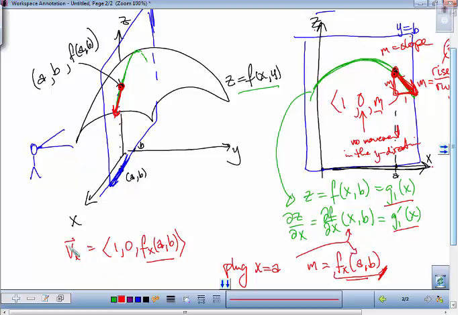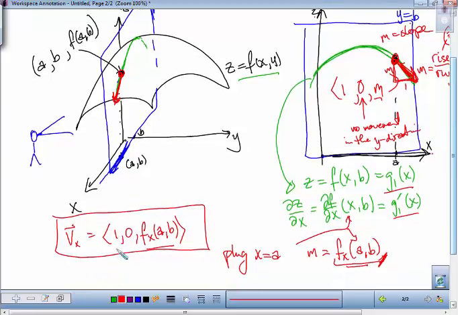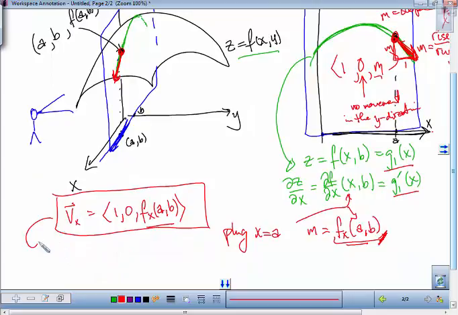Let me put a box over here so I don't lose this. Not yet. So this is a vector. Here, let's specify what this vector is. This is a vector tangent to the surface, and I'll call my surface z is equal to f of x, y.